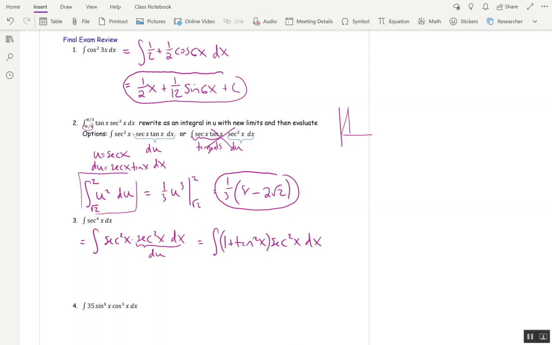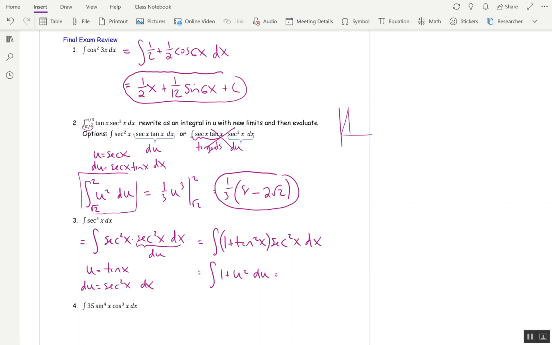Now our u is tangent x, and our du is secant squared x dx. So this is the integral of 1 plus u squared du.